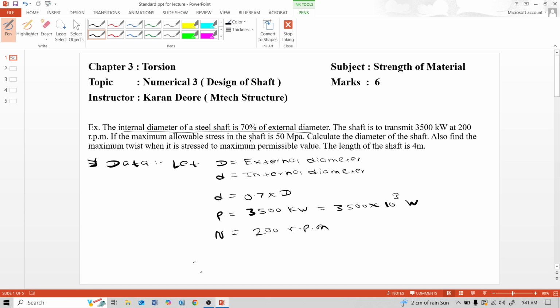If the maximum allowable stress in the shaft is 50 MPa, that means this stress tau max is 50 MPa, and calculate the diameter of the shaft. And the maximum twist when it is stressed to maximum permissible value, and length of shaft is 4 meter.